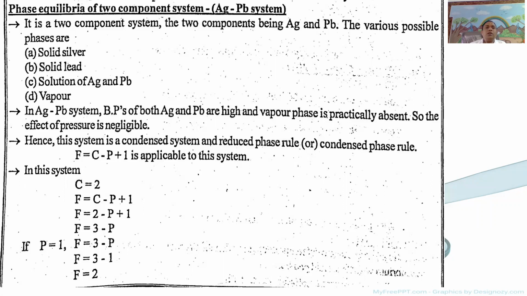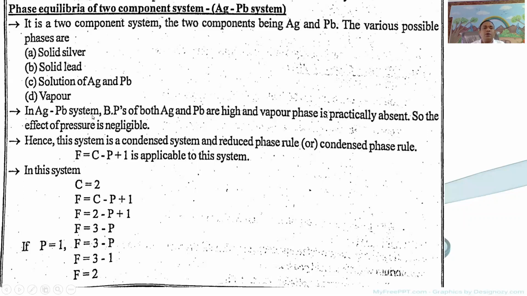But the phases of the silver lead system are expressed in terms of the Ag-Pb formula. Therefore, it is a two component system. The various possible phases are solid silver, solid lead, liquid silver lead and vapor.